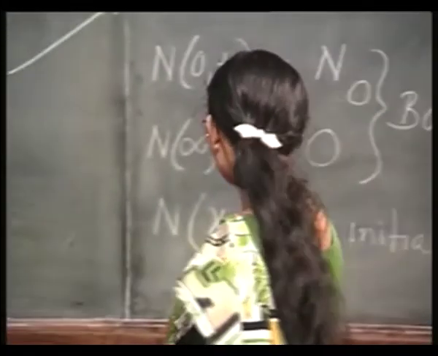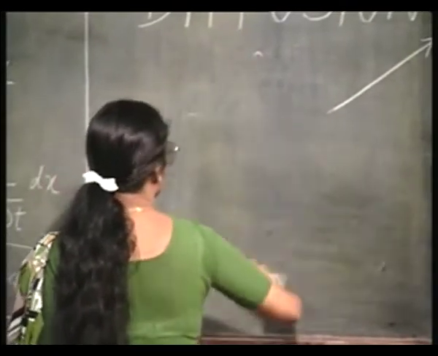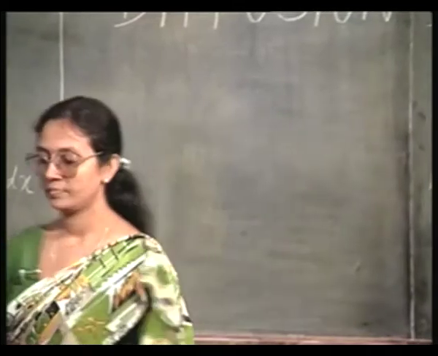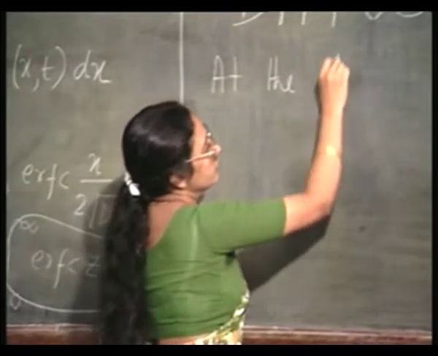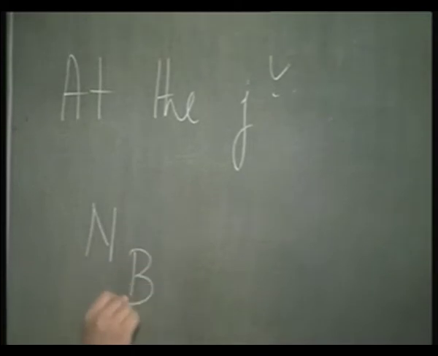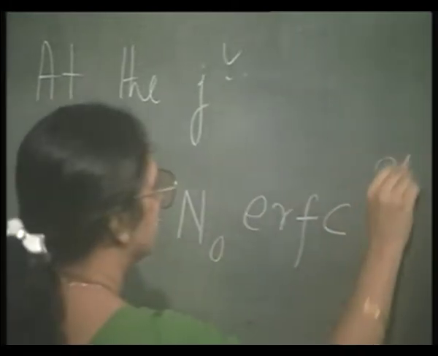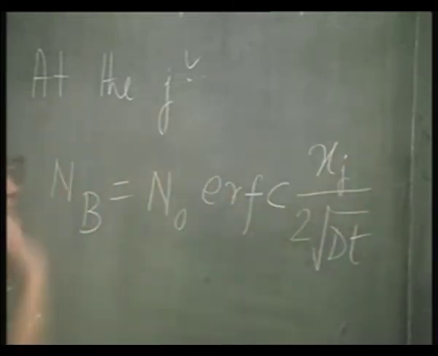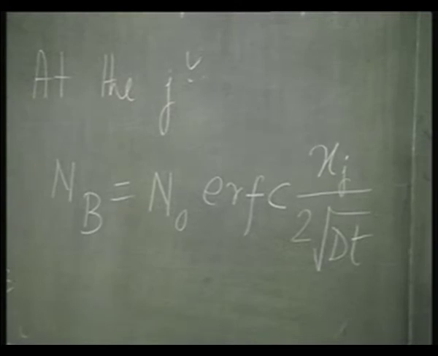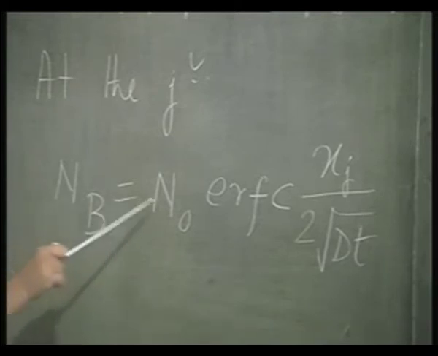So, I only have to solve this equation, that is at the junction N is equal to NB, that is NB is equal to N0 times the complementary error function of xj by 2 root Dt.